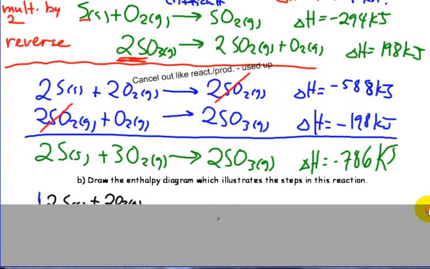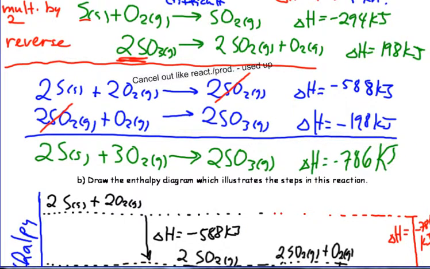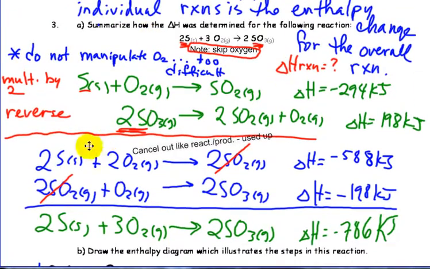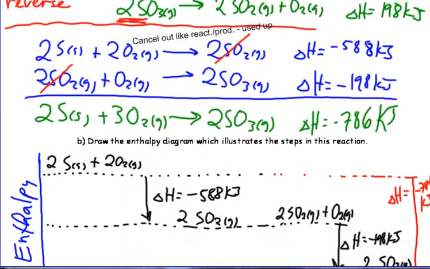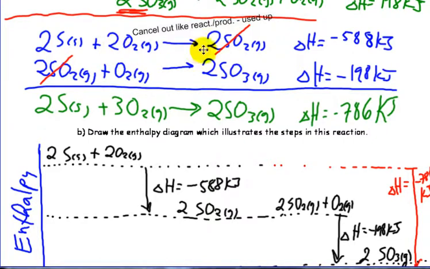If we look at a graph that illustrates what we did here, we can think of this overall reaction as being made up of 2 smaller reactions. The 2S plus 2O2 yielding 2SO2 involves the release of 588.